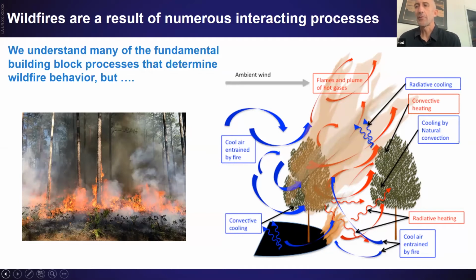As you can see from the diagram on the left, there's a whole bunch of interacting processes: various heat transfer, fluid dynamics, turbulence, as well as the combustion processes themselves, which any combustion expert is going to tell you that combusting biomass by itself is really complex. So we've got all these interacting things that affect each other.